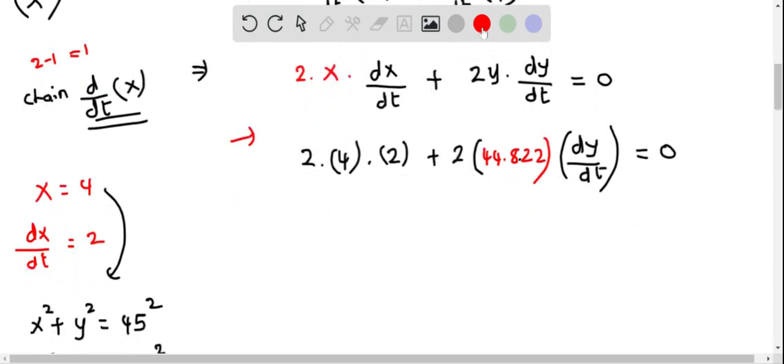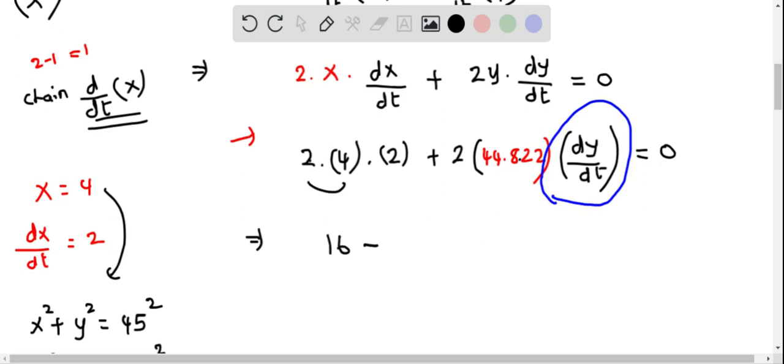Now in this equation we have only one unknown, that is dy over dt. That's what we are going to find. Let's simplify. 2 times 4 is 8, and 8 times 2 is 16, plus 44.822 times 2, which gives 89.644, times dy by dt, equals 0.